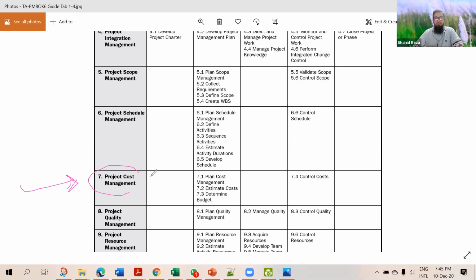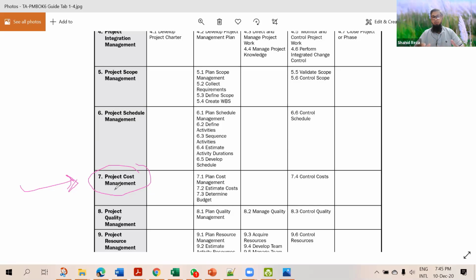We can easily answer that it is about how we will do the budgeting or costing of the project. The processes of this knowledge area will help us to develop our project budget.